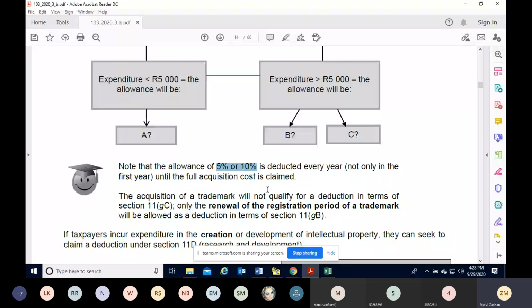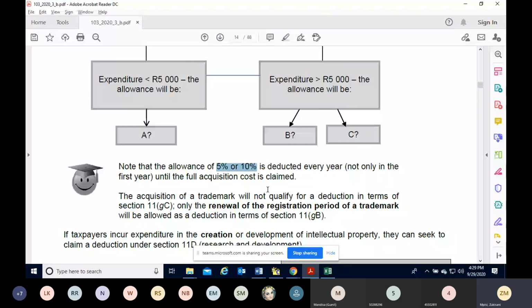The textbook says if the expenditure exceeds 5,000, the allowance is 5% per annum of the expenditure in the case of a patent, copyright, or similar property. It's 10% per annum in the case of a design or a similar property. So if the expenditure is less than 5,000, it is claimed in the same year.